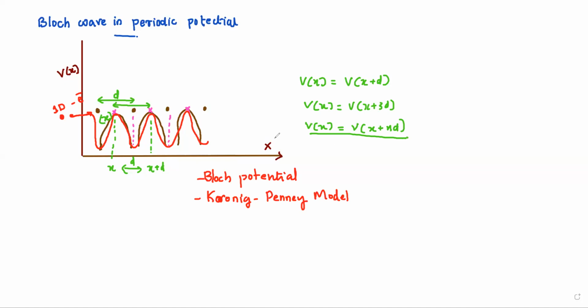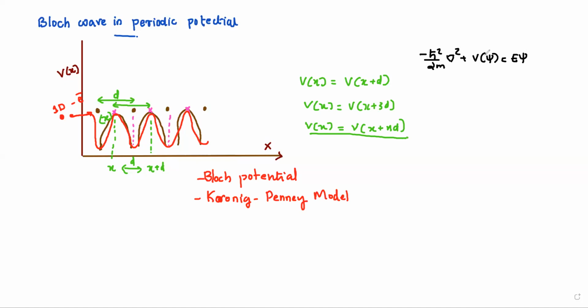Now, in the quantum mechanical way, we can find the solution of this equation. First of all, we want to consider the Schrodinger equation: minus h square by 2m del square psi plus V psi is equal to E psi.